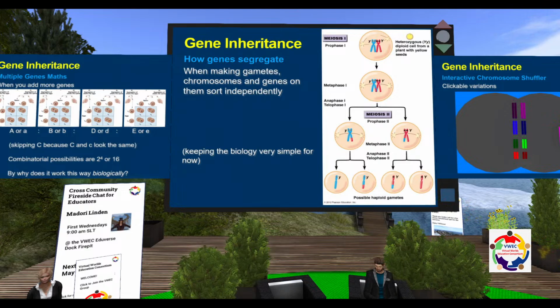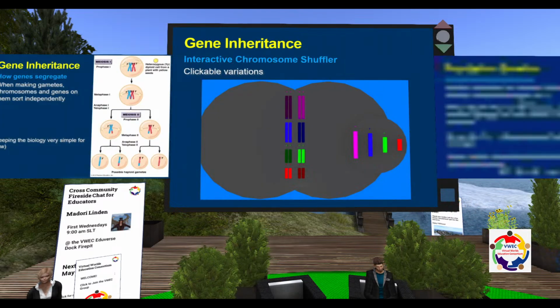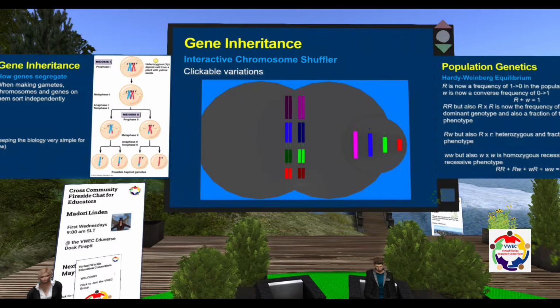And so what you'll see in this particular diagram is that blue separates from red, and then you have these 4 gametes that each represent only a red or blue version of the gene. And so what I built, and I got scripting help from Kira with, was this chromosome shuffler. So again, this is just a picture of the object.